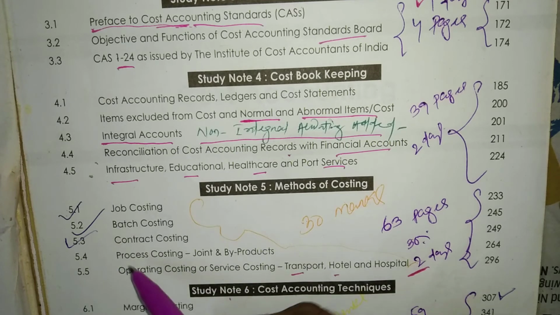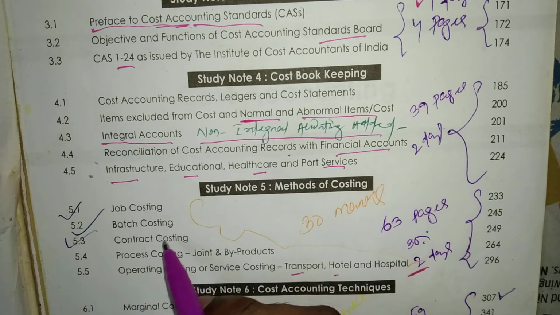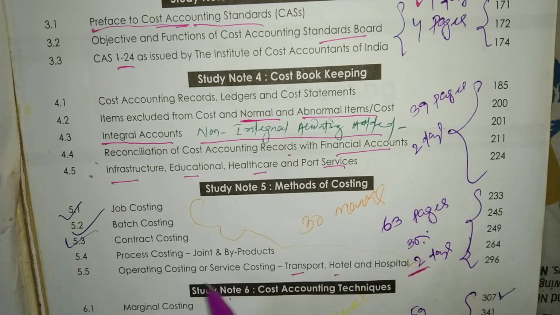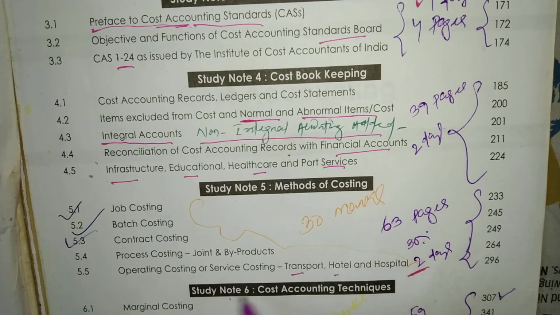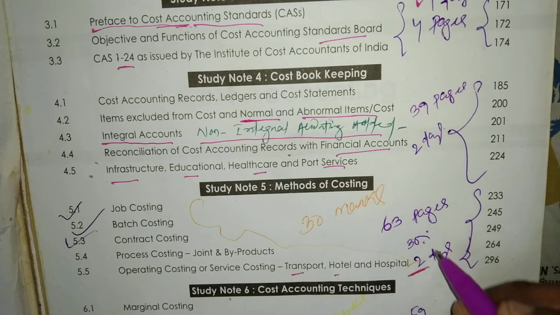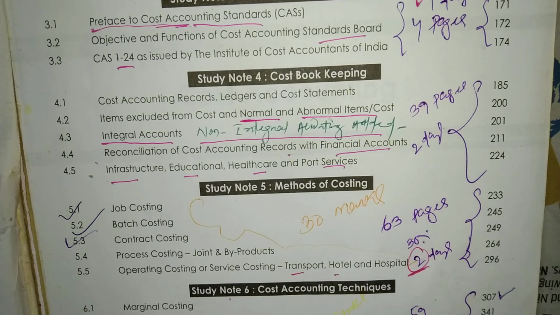Okay, five most important methods of costing: job costing, batch costing, contract costing, process costing, joint and byproduct, then operating costing, service costing, transport, hotel and hospital. Okay, 63 pages are there. At least 2 days required to revise.